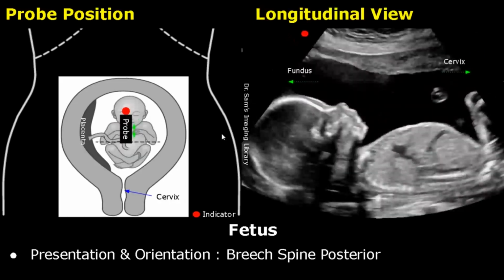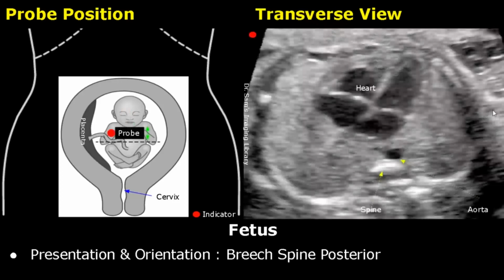Next presentation is the breech presentation, in which the fetal head is directed towards the fundus and the fetal hips are directed towards the cervix. Fetal head will be located near the mother's umbilicus, and as we move down in transverse plane, we will reach the fetal chest.